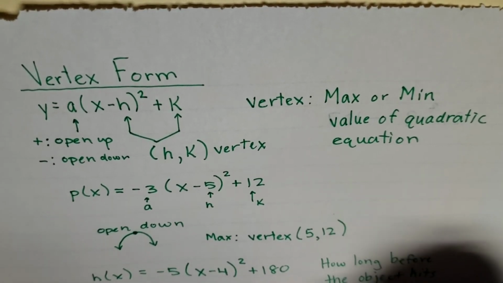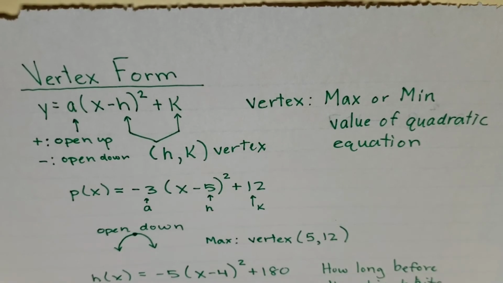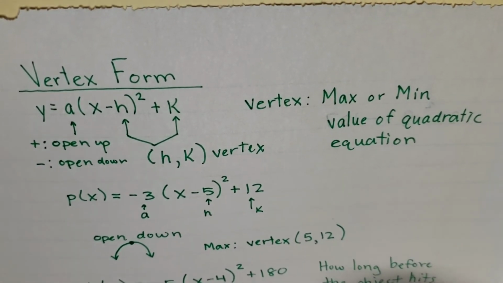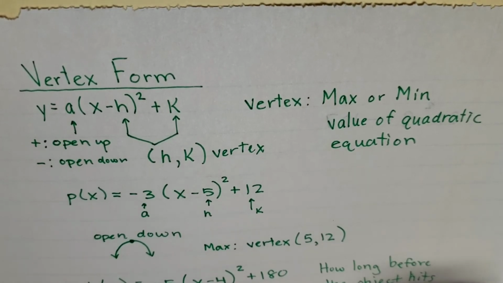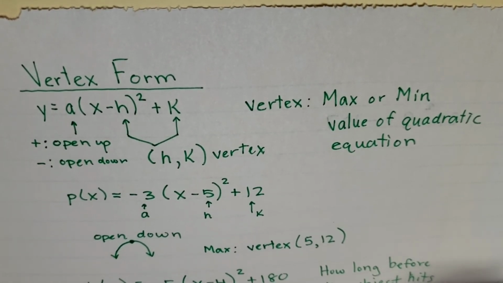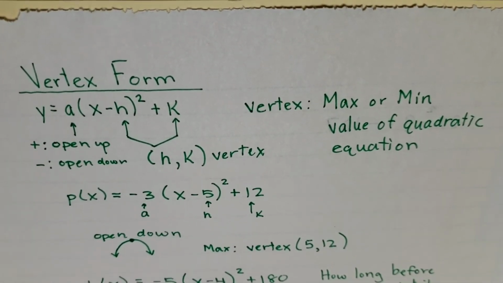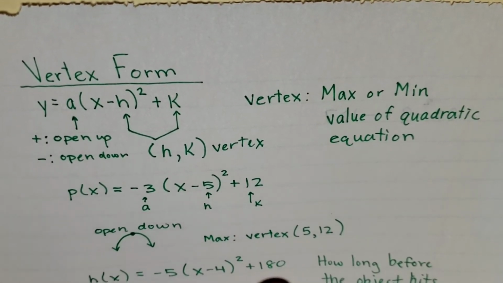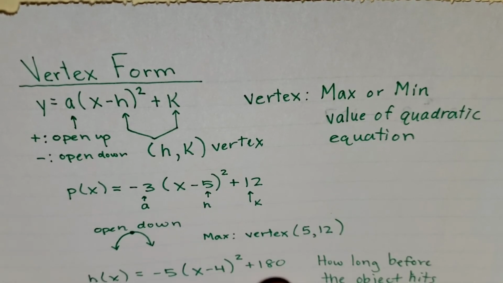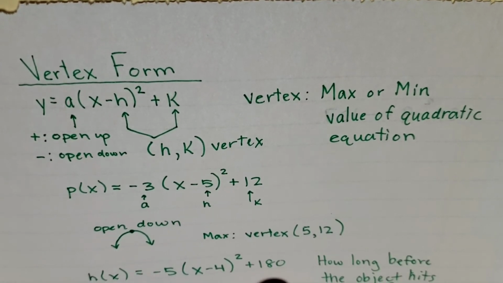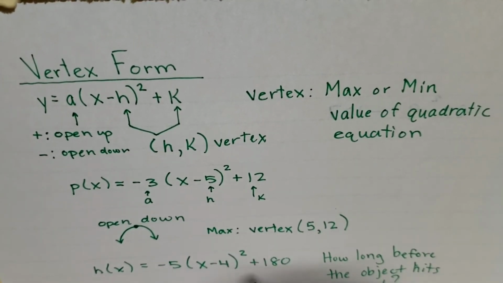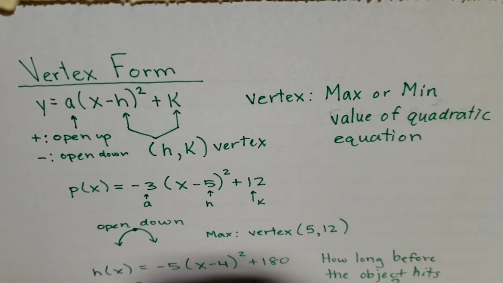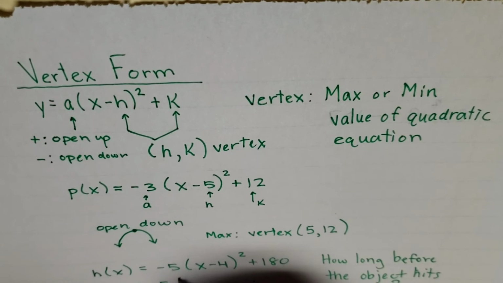When something hits the ground, if it's modeled by this particular equation, we're looking for the zeros. We're looking for those roots. So we actually just have to solve this and either factor it, use the quadratic equation, or use radicals, whatever. So this one here is actually set up to solve with radicals. I'll show you what I mean by that, taking the square root of both sides.